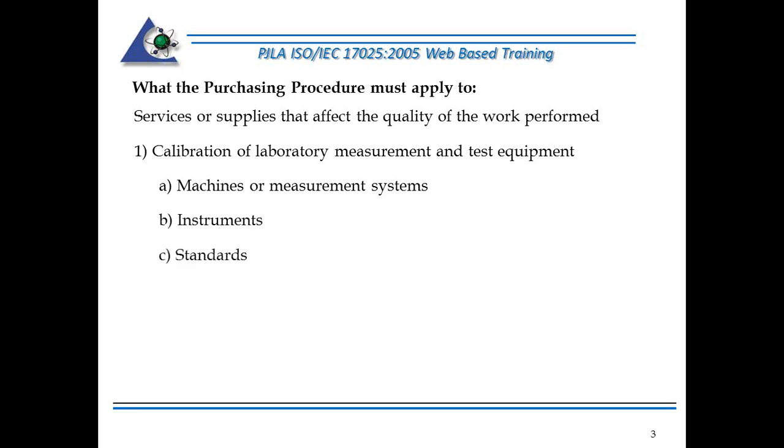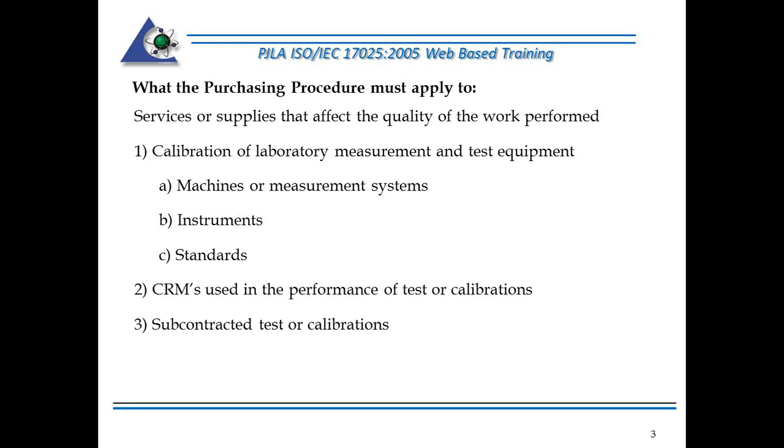Instruments, standards, those things that you use as transfer standards or to make comparisons to items that are being tested or calibrated. Certified reference materials that are used in the performance of specific tests or calibrations.